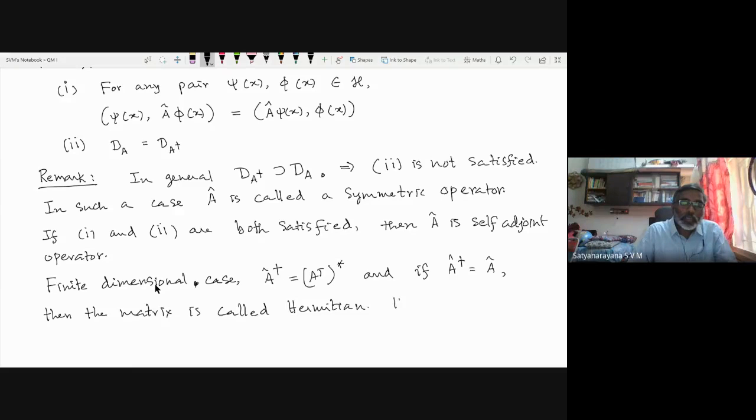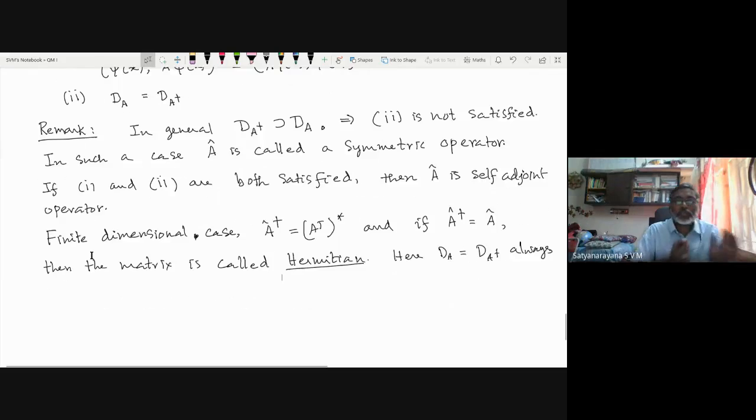So here the domain of A is equal to the domain of A dagger always in the finite dimensional case. So this in-between category of symmetric will not happen. So sometimes we say Hermitian matrix, but the usage Hermitian operator is only used in finite dimensional cases.